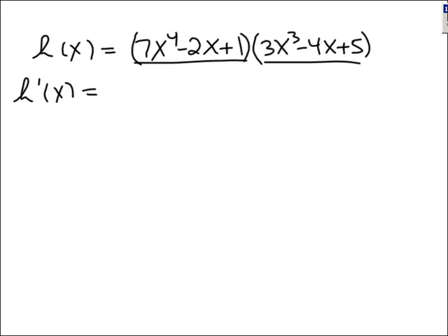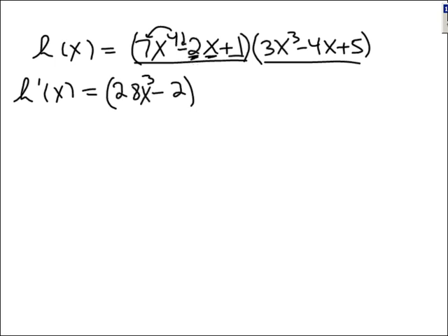The product rule says take the derivative of the first factor. 4 times 7 is 28. Make the new power of x 1 less than 4, which is 3. Minus the derivative of a number times x is just a number. It's 2. Derivative of 1 is 0.